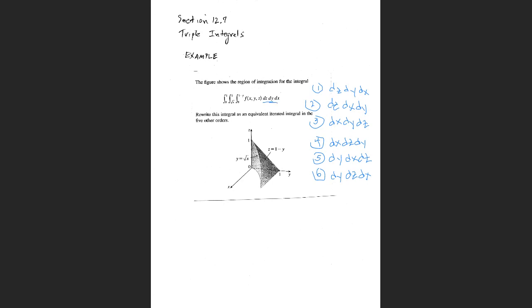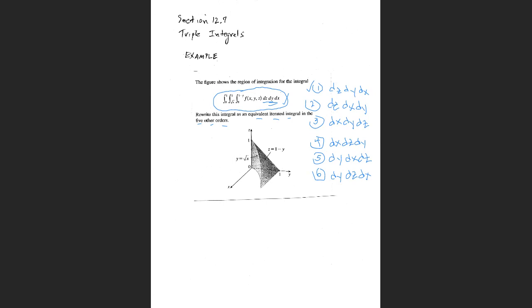Now, dz, dy, dx is the first order of integration that they did, and they have all the limits here for if you're going to integrate with respect to z first, y second, and x third. Here's what the triple integral is going to look like. What they're asking here is they want you to find the 5 other triple integrals for the other orders.